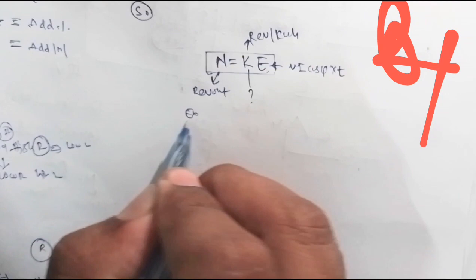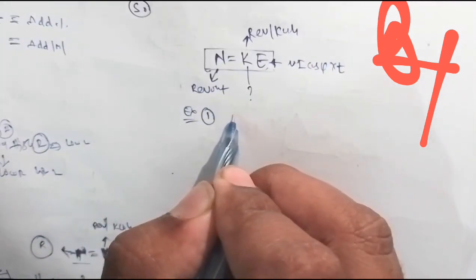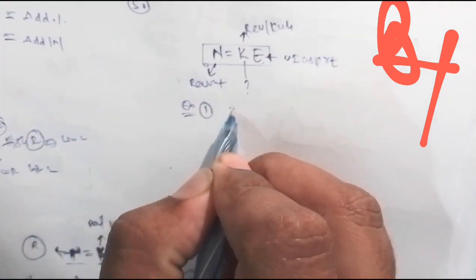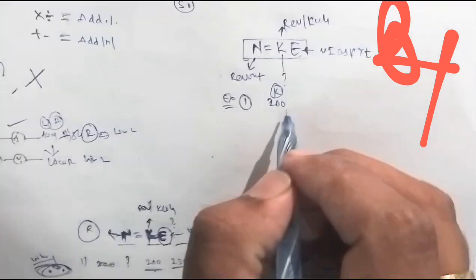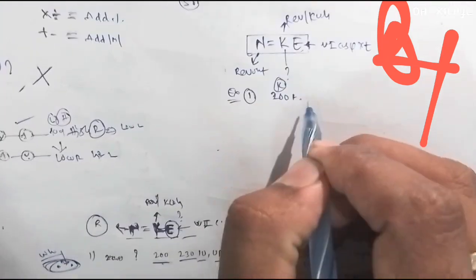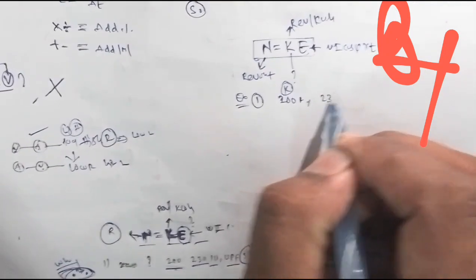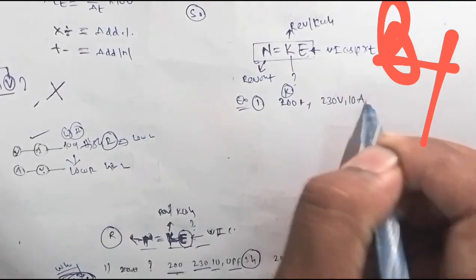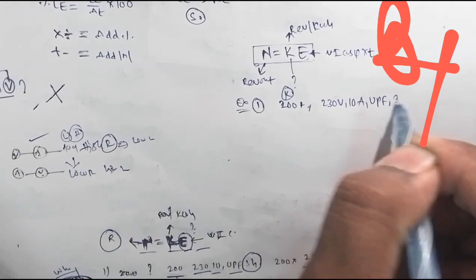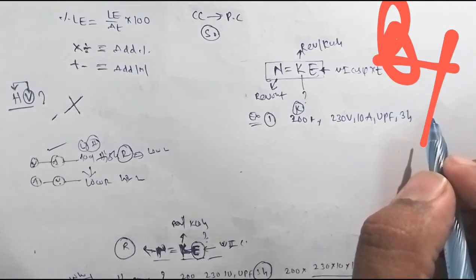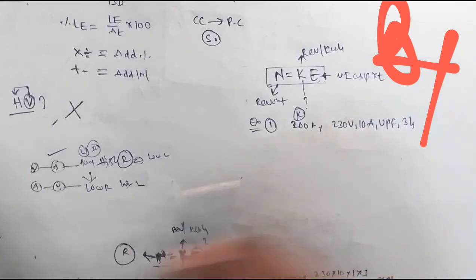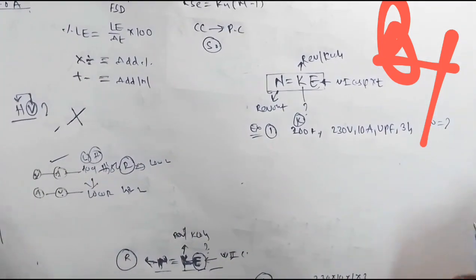For example, suppose K is 200, meaning 200 revolutions per kWh is given. 230 volts with 10 amps at unity power factor is applied for 3 hours to the energy meter. What is the total number of revolutions made by the disk? That is the question. How can we solve it? Simple.